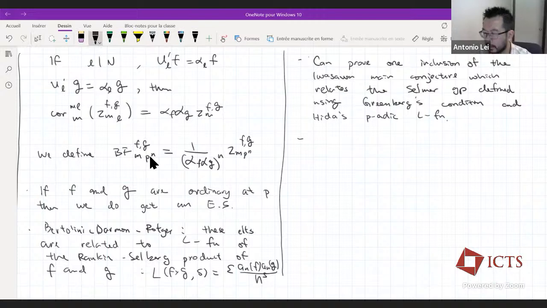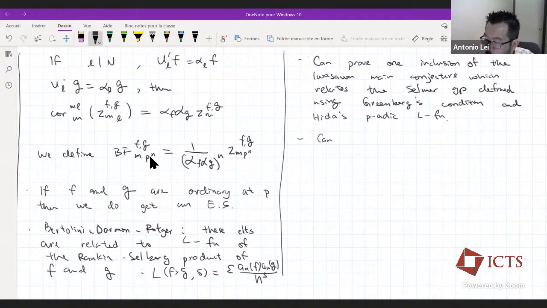Okay. Another thing that I want to tell you is that here I only told you what happened in the weight 2 case, but you can do something similar for higher weight modular forms as well, and you can even deform these elements in Hida families. So I'll just state this.